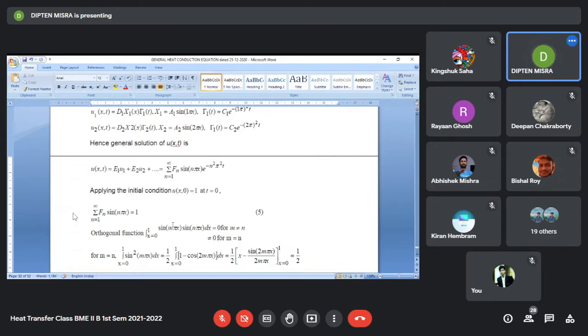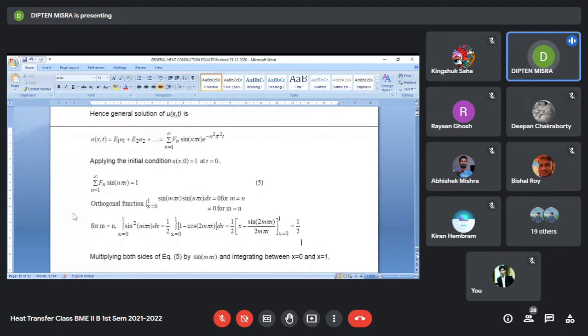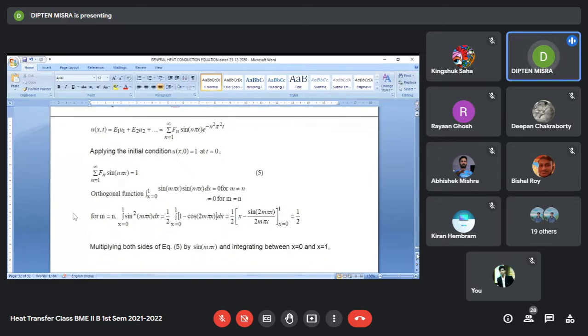This is the test: this function is multiplied with another function of the same series, and when m and n are distinct, the integration leads to 0, and when they are identical, the integrated value becomes other than 0. Both are important to find out the value of this f, the series of f's, not only one f. We have to find out a range of values of n, f n, for which it is valid.